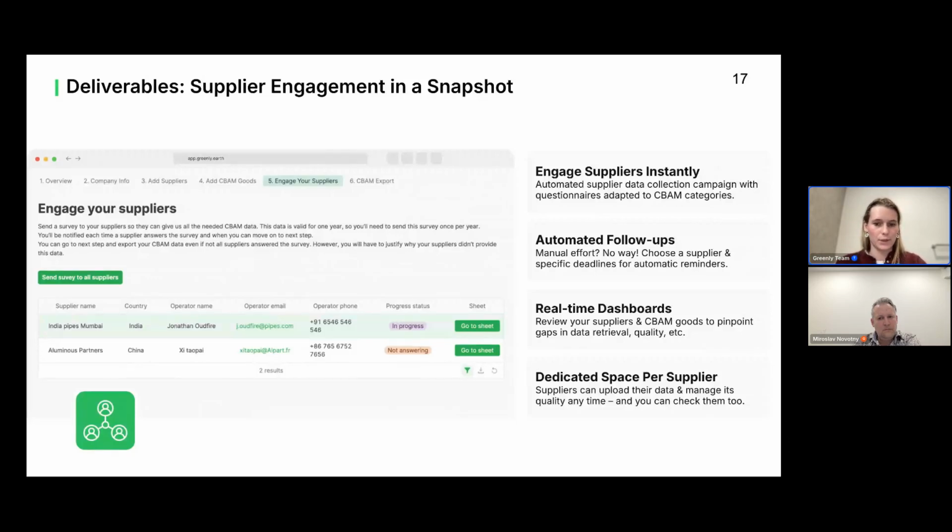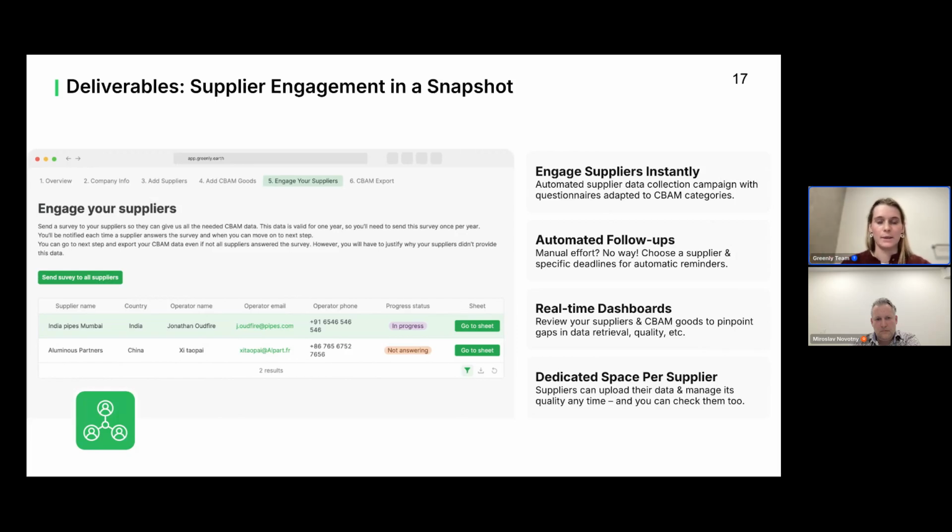It also gives you access to a real-time dashboard to track supplier response rates and data quality. Your supplier will have a dedicated space in which they can upload their data, monitor the data quality, and every quarter upload their new data.